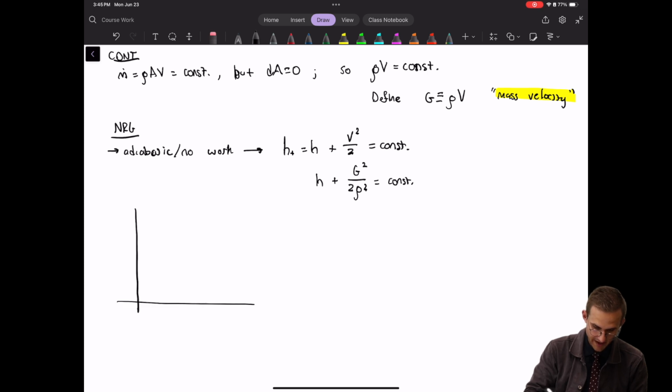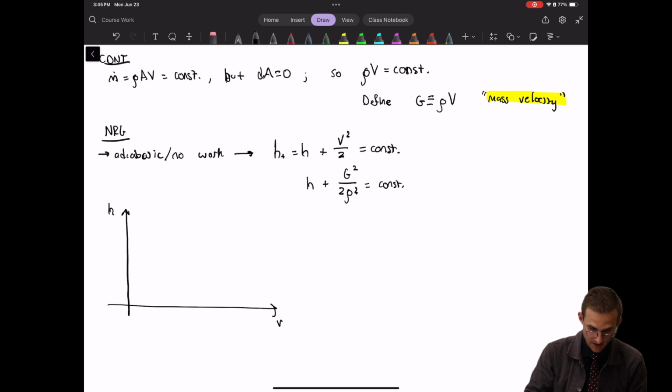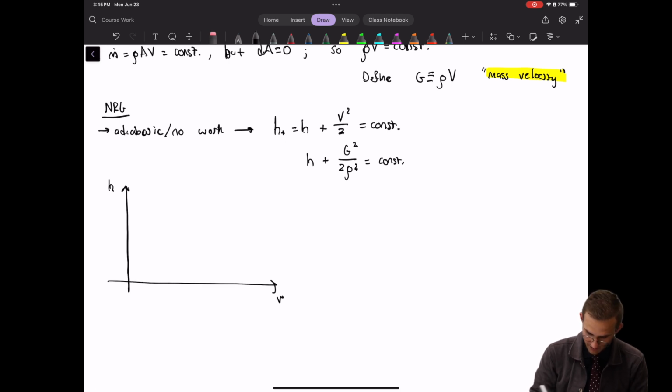So let's do an HV diagram. So h versus velocity. Sorry, not versus velocity, that would be specific volume. Apologies.